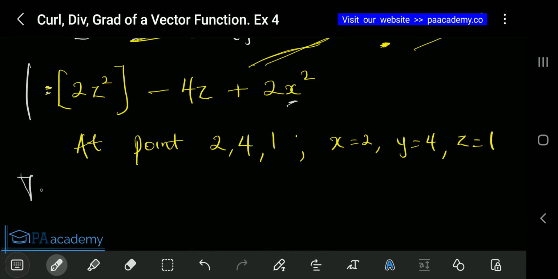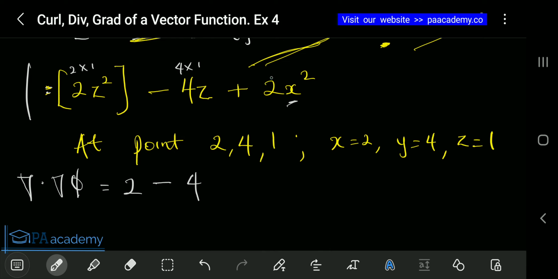So that means our div grad phi at (2, 4, 1) will be, for this now, 2 times z squared. Our z is 1, so that will be 1, and that will just give us 2. Then minus, for this now, this is 4 times our z, which is 1, so that will be 4.